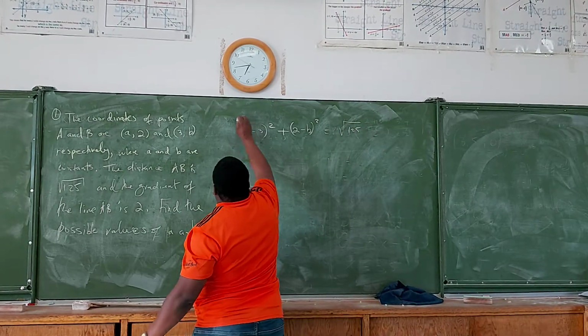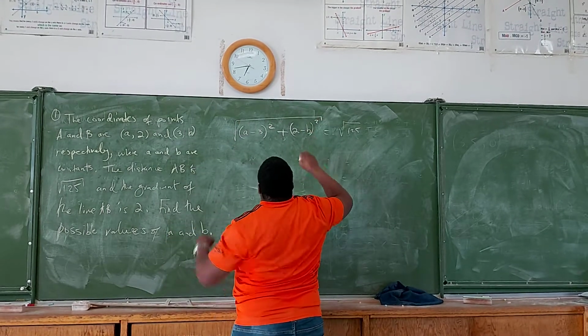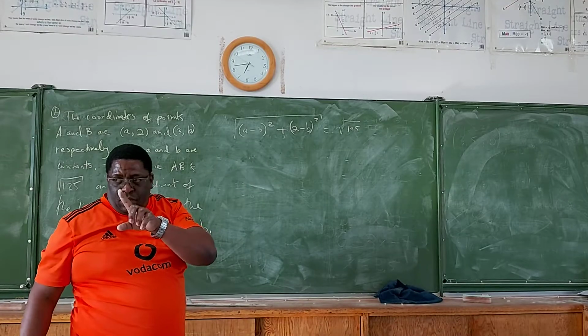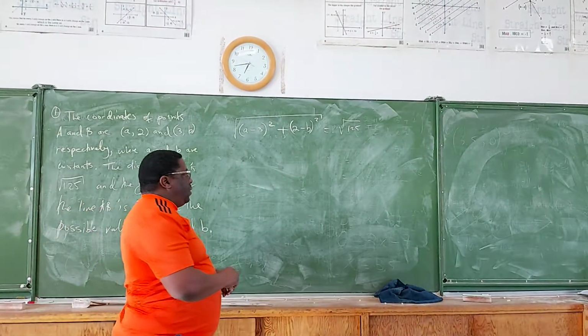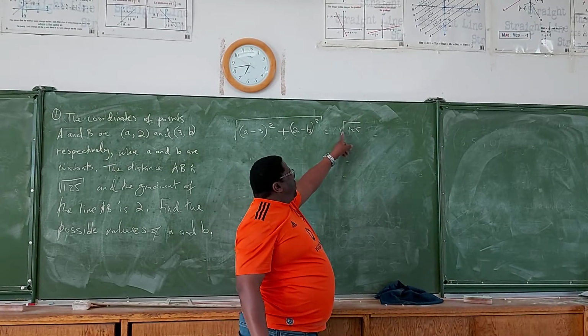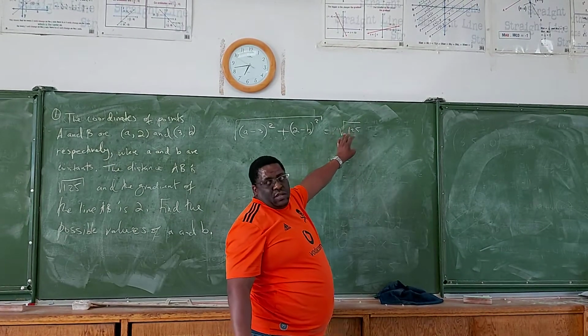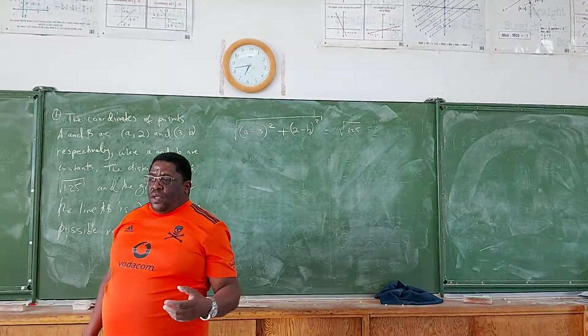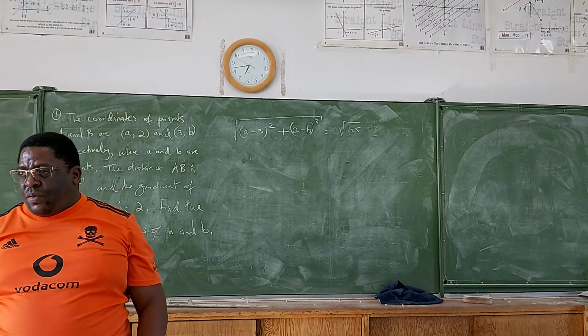But we also know that this is there, so there's no need for me to write that down. This is the formula, the answer to the distance between those two. If I square both sides, what am I going to end up with?